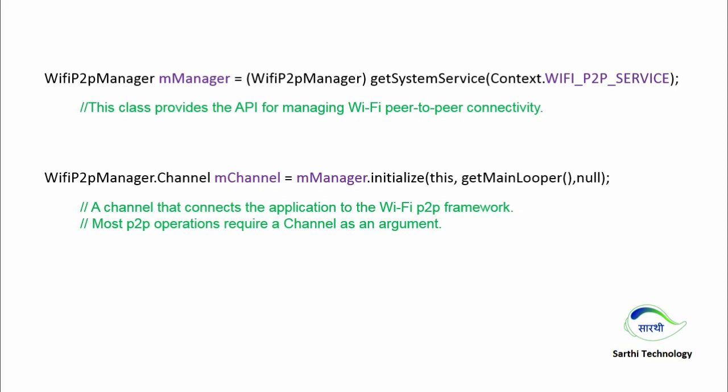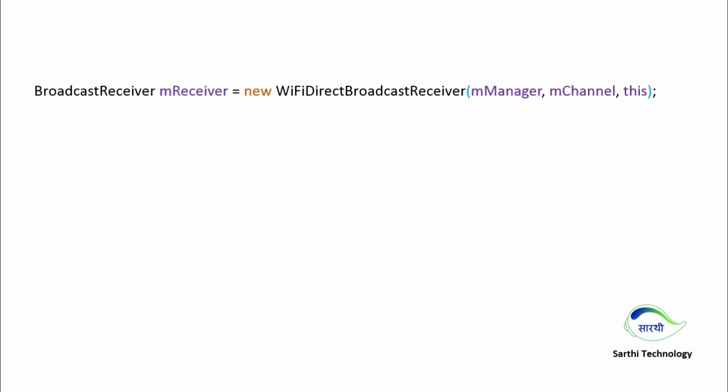Now after that, we will create an object of BroadcastReceiver and initialize it using the WiFiDirectBroadcastReceiver, the same class that we created for the broadcast, and provide all three: mManager, mChannel, and the MainActivity.